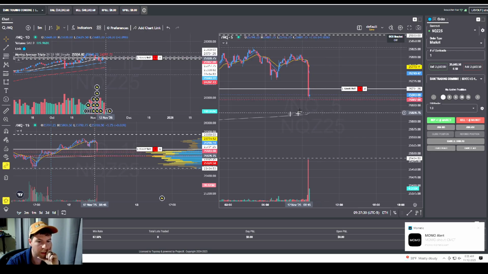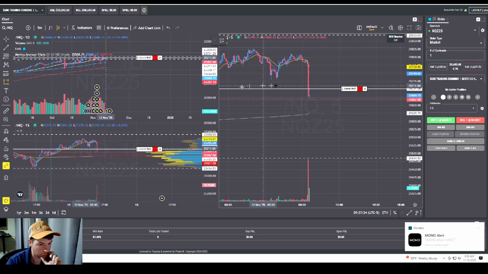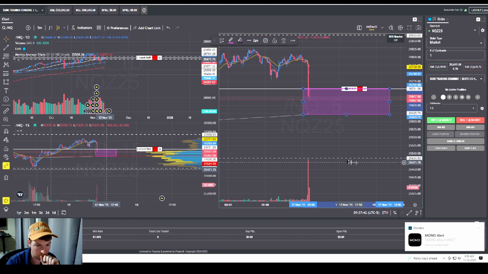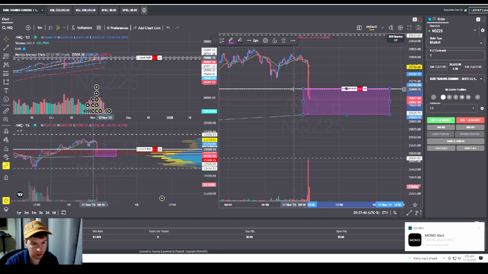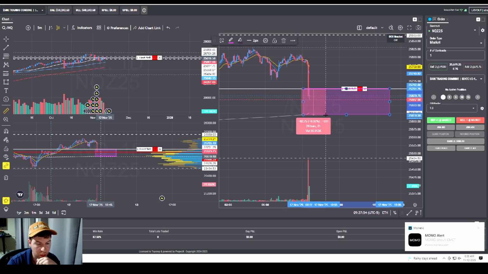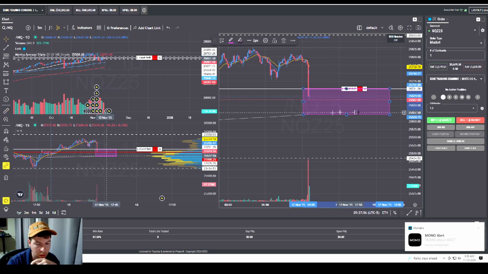This is somewhere in that range where I mentioned, where I think price kind of sits somewhere like this. If I can get in here and take it down to here, that would be a pretty nice play. And even one contract of MNQ, 82 points, I mean, that's $1,600, right?